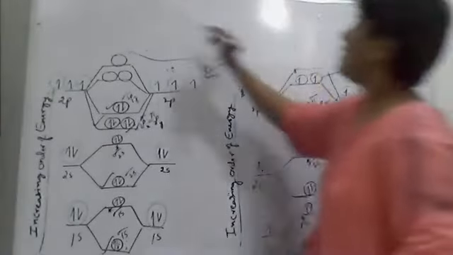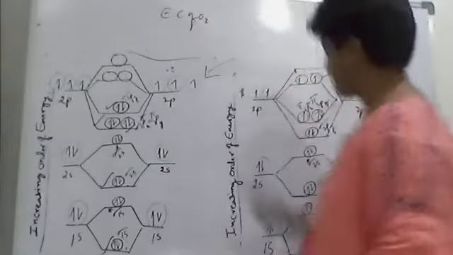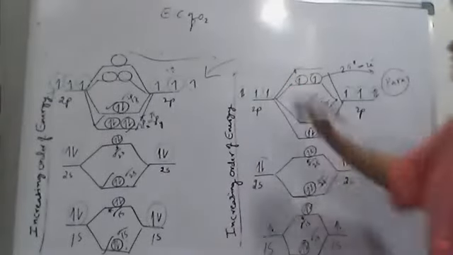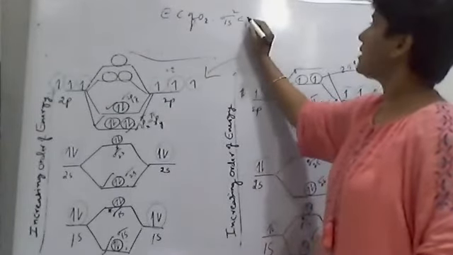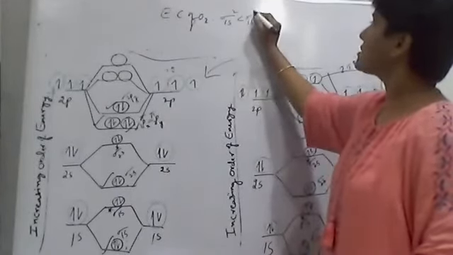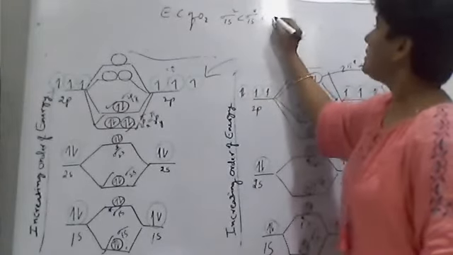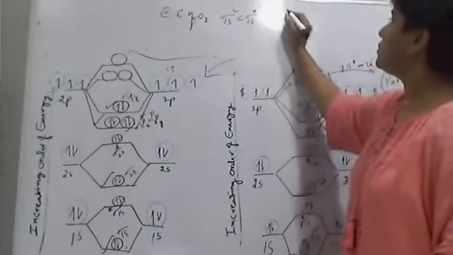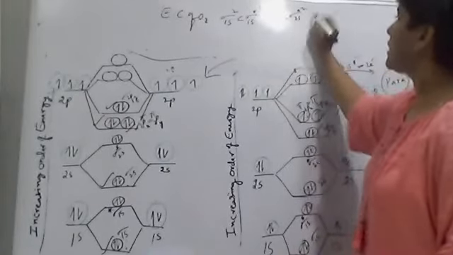Now, the electronic configuration of the O2 molecule, from lower energy to high energy. That is sigma 1s2. Next, sigma 1s star 2 electrons. Next, sigma 2s2. Next, sigma 2s star 2 electrons.